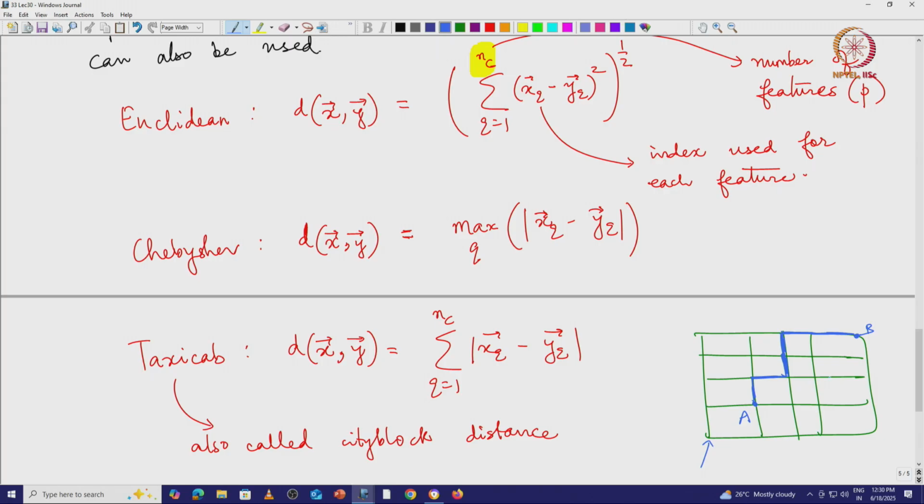These are the blocks, and then you have roads in between the blocks. So, if you want to reach from a point A to a point B, you have to go along these roads, and therefore this makes sense. You want the distance along each coordinate, and then just sum that up. So, xq minus yq is the distance along every coordinate, and then you sum it. I hope this makes sense.